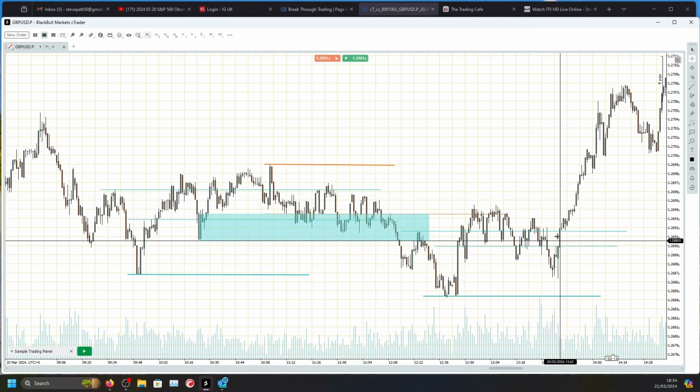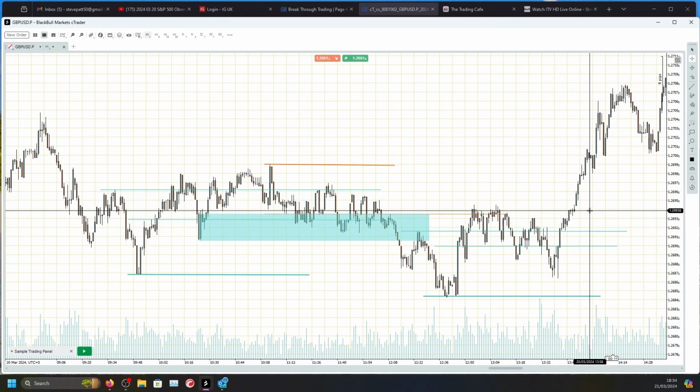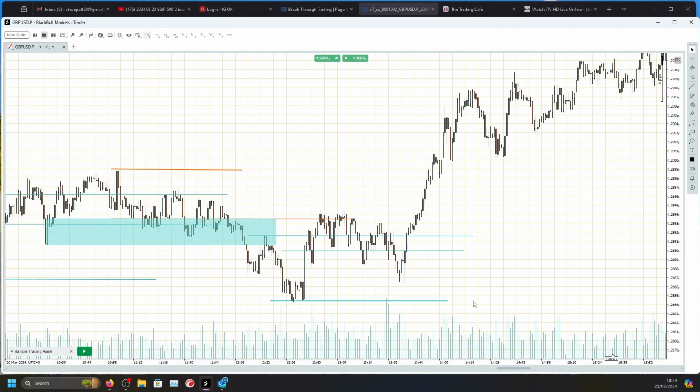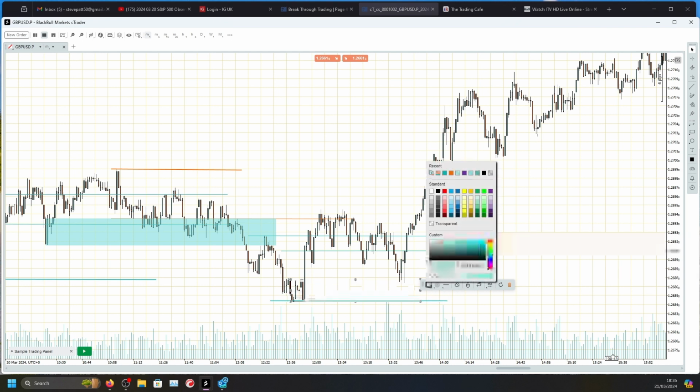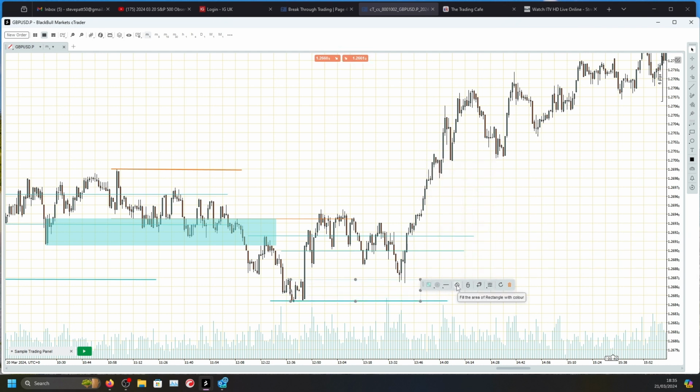And now look, we're into the realms of going long because price has stopped making new lows and is breaking through various minor structure levels on the 15-minute chart, so I start looking to go long. And look at that, that's absolutely perfect for going long.